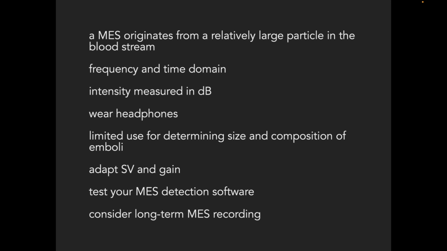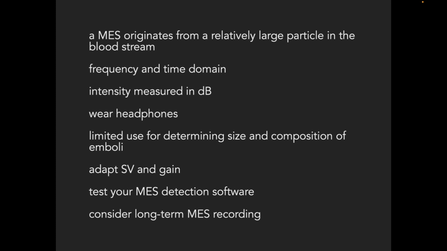The microembolic signal can be looked at in the frequency and in the time domain. The intensity of the microembolic signal is measured in decibels or dB. The first step in identifying a microembolic signal is hearing a signal intensity increase. This can best be done by wearing good headphones.